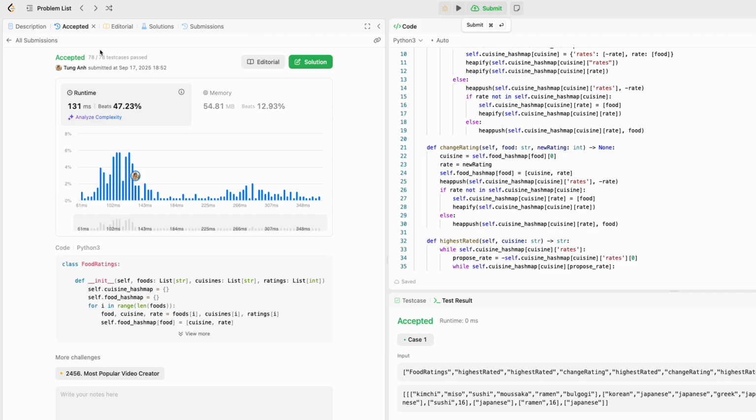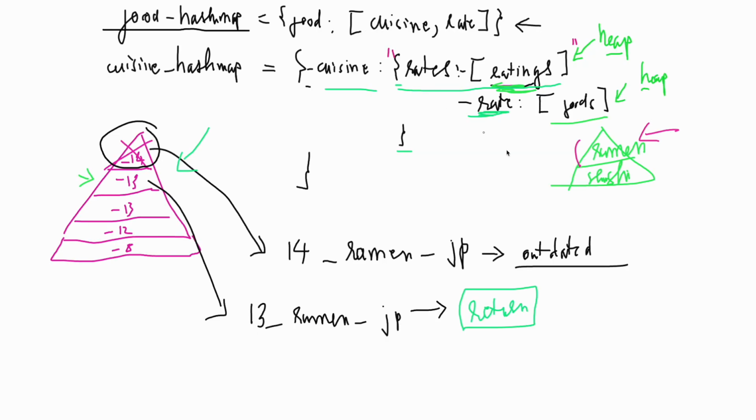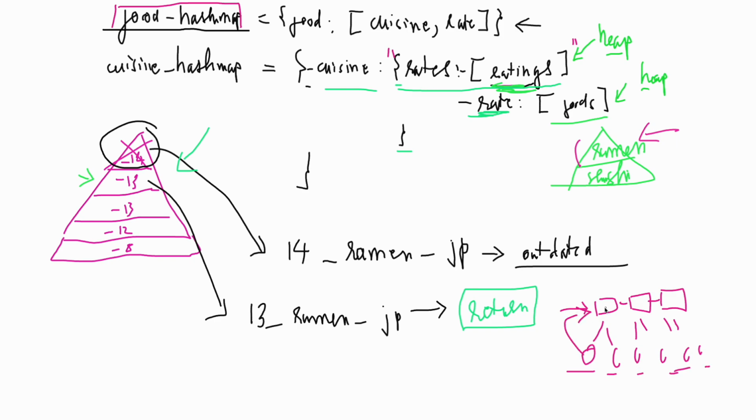Yeah, so this problem is very interesting. For example, in the future, if you see that we have a blockchain system, in the blockchain system we have the ground truth data, that could be the food hash map in here, and then we have the downstream data of the client, and they will receive the redundant data. Then you can just compare with the ground truth data in here to remove the invalid data in the downstream.